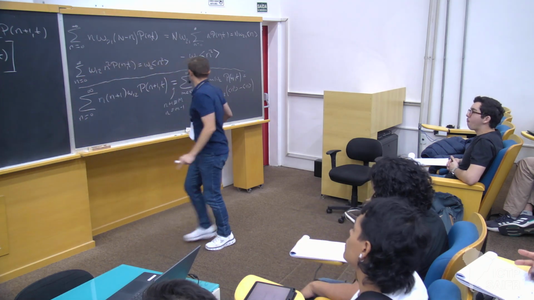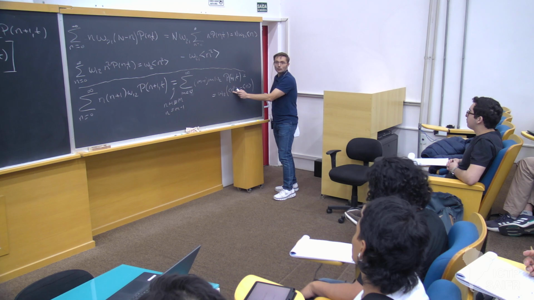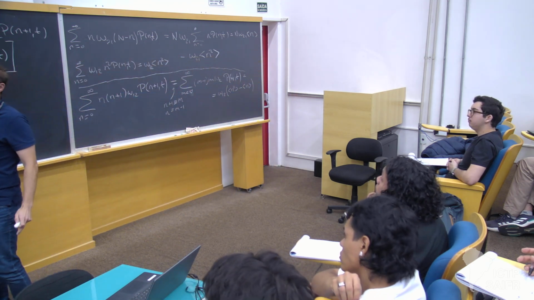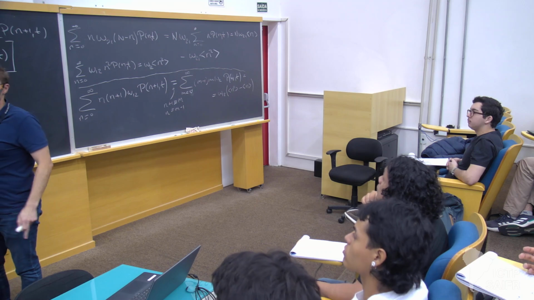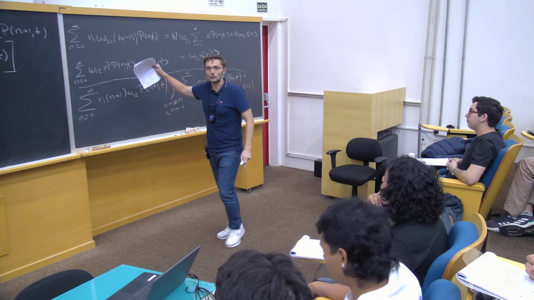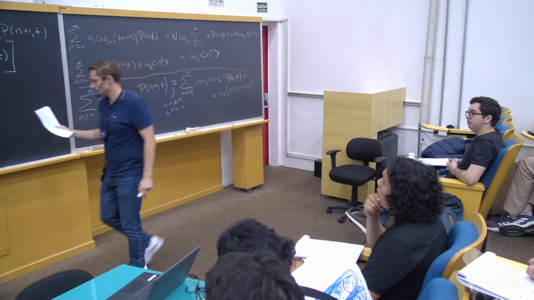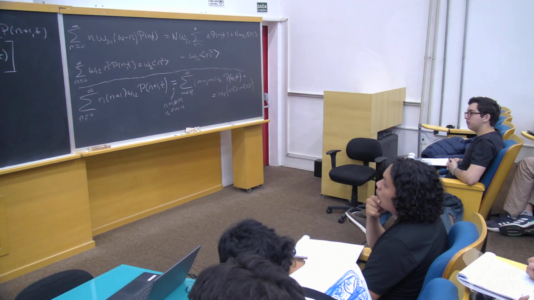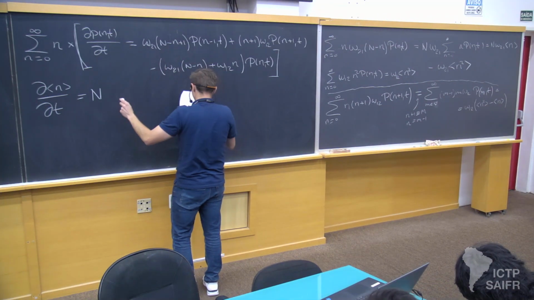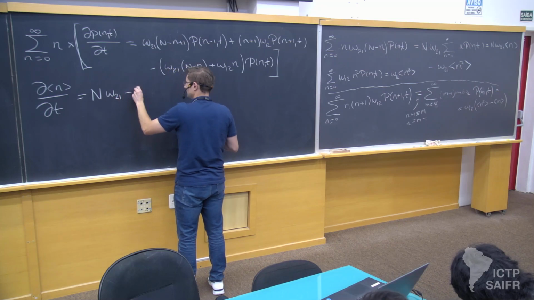And I have the same omega 1,2 times the mean value of n squared with a different sign, because one comes from the gain term and the other from the loss term. So some of these terms are going to cancel each other. That always has to happen, so it's a good check for your calculations. And after working out this term that I am skipping and rearranging things, this is what you would get.